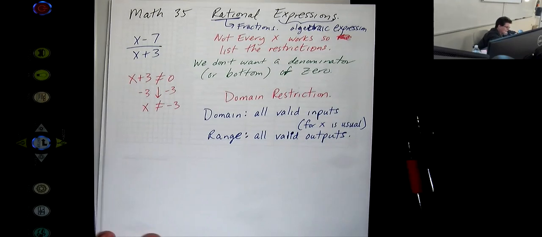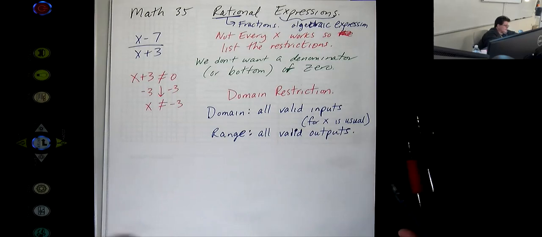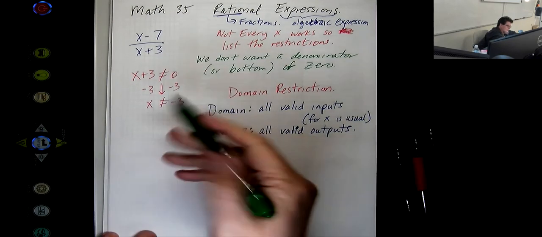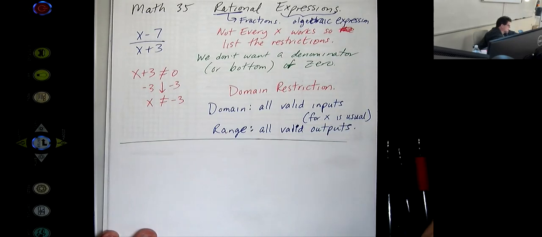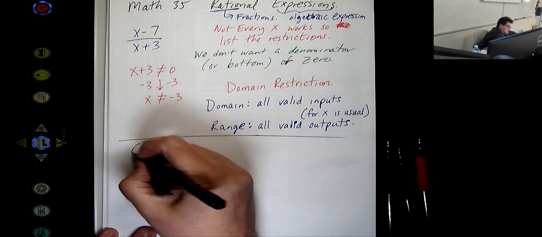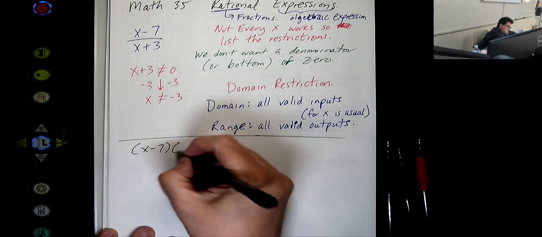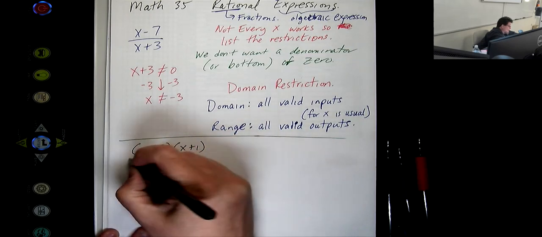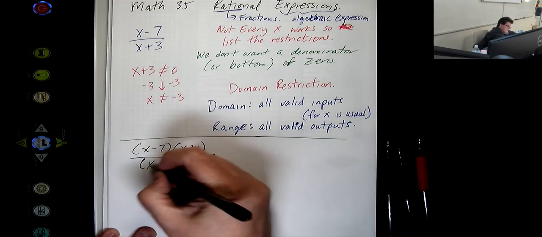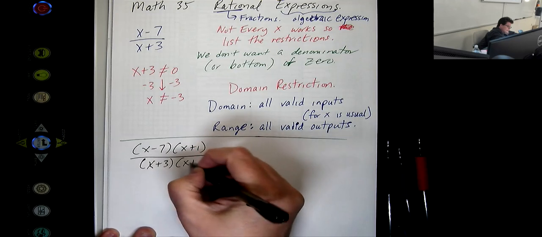All right, so we don't want the bottom to equal 0, so we're going to make notes of it in the future. Another thing that is a rational expression: I could have x minus 7 times x plus 1 over x plus 3 times x plus 1.